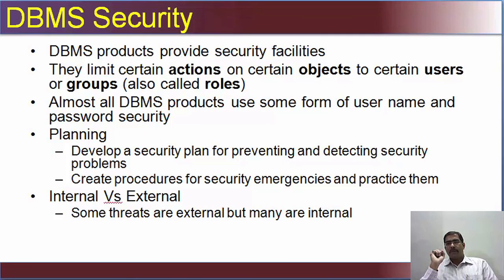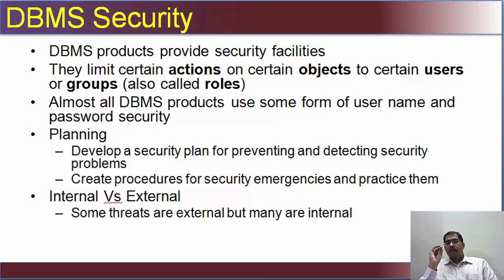Most of the database management products which are available in the market, whether open source or commercial, provide security facilities and features. So they limit certain actions on certain objects to certain users or certain groups. Certain actions means read, write, execute is an action on certain objects. An object can be a table within the database.